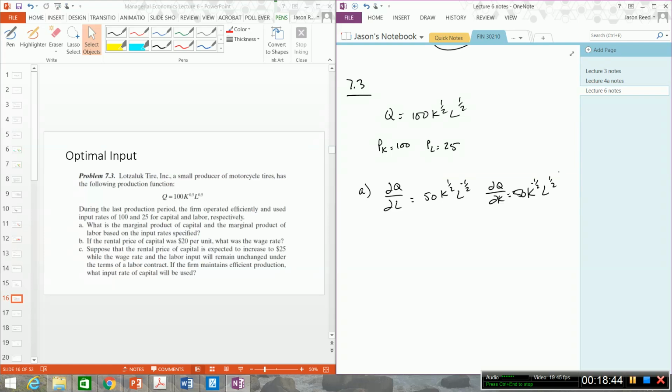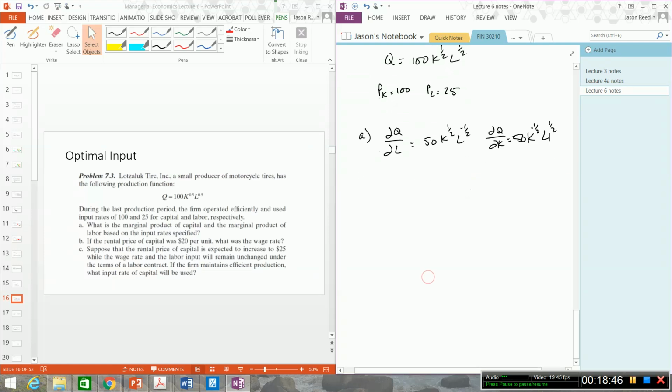So we can go into a little bit about the efficiency here between these products. Essentially we could look at 50 K to the 1/2, L to the minus 1/2 over 25, and we want to see if this should be equal to 50 K to the minus 1/2, L to the 1/2 over 100.